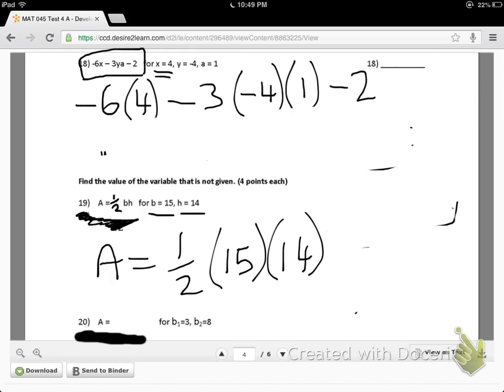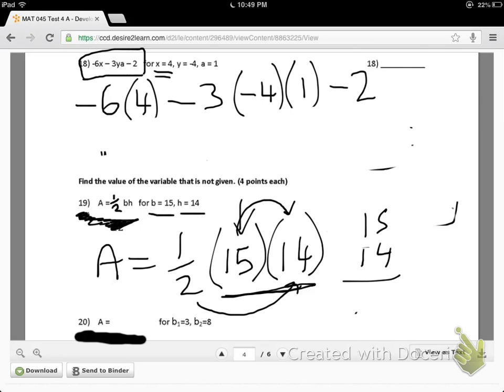Now, there's lots of different ways to do this. I've seen some students do 15 times 14, and then halve it. But you can do what's half of 14, and then times it by the 15. You don't have to do it in that order. I think I saw a lot of students doing this one. 15 times 14. Oh, great, what's that? That's why I don't like doing it this way.